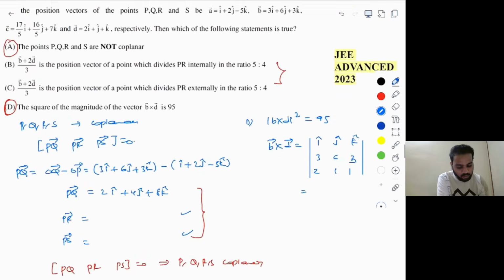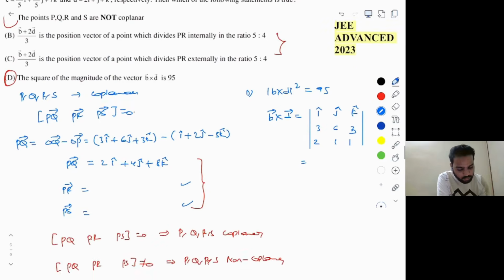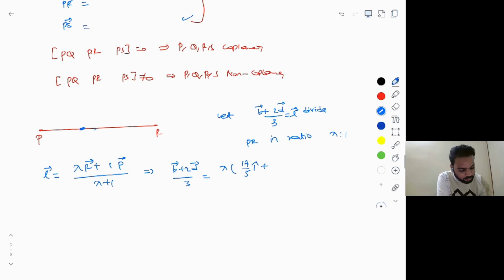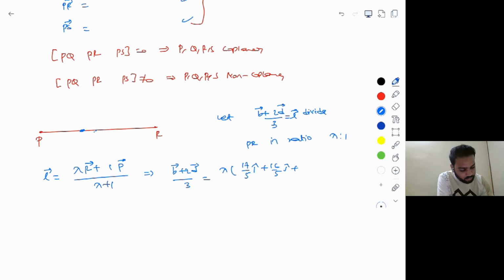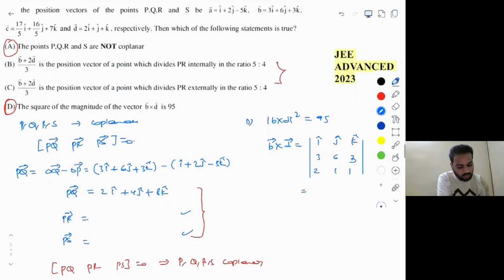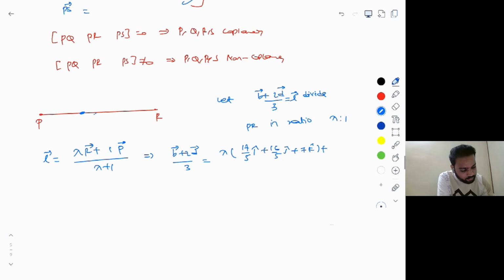So you can write down that value, that is 17 by 5 i cap plus 16 by 5 j cap plus 7 k cap, plus P bar. We know what P bar is also here. P bar is i plus 2j minus 5k, whole divided by lambda plus 1.